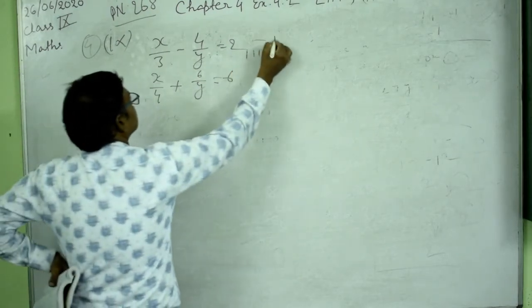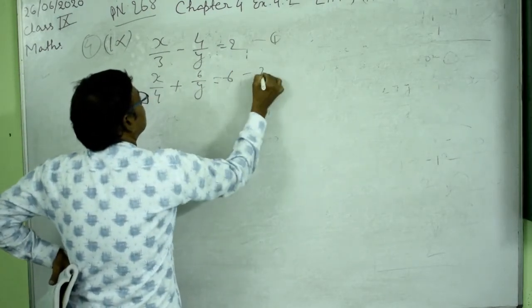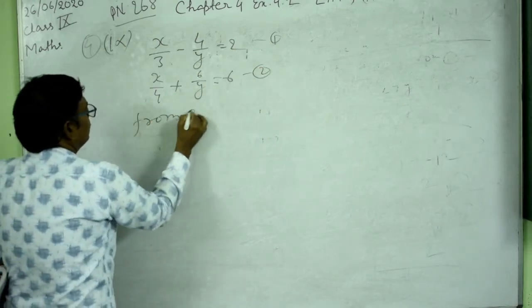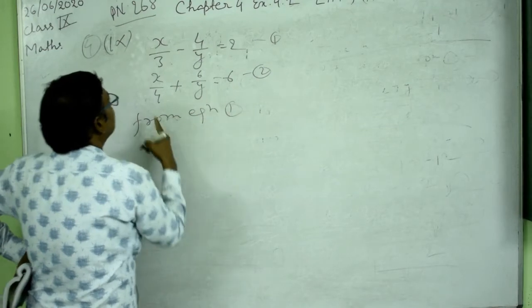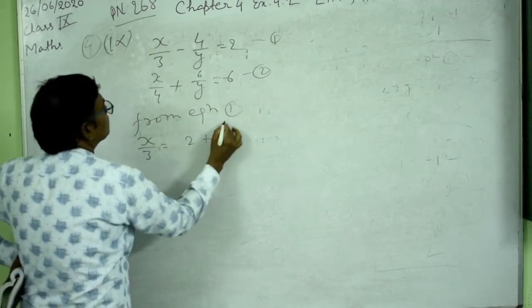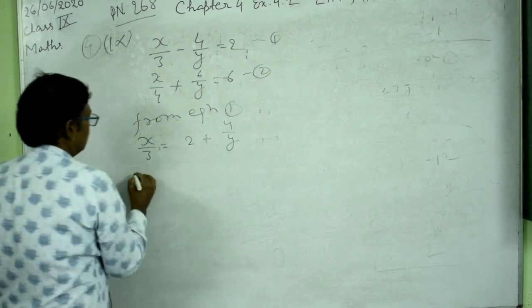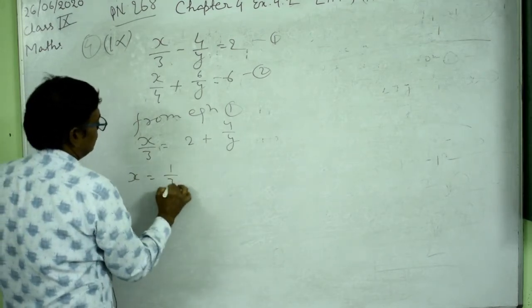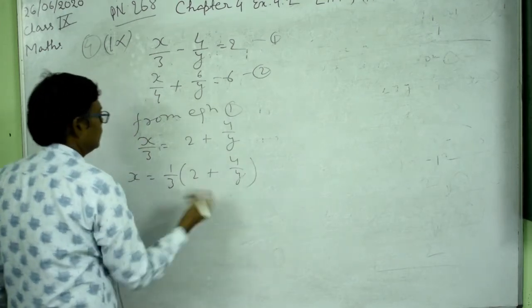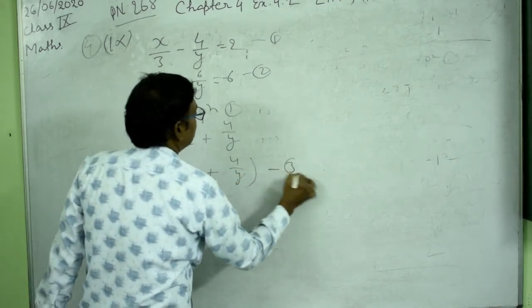So first we will have to solve like this. From equation 1, you have x by 3 equal to 2 plus 4 by y, and then x equal to 3 into 2 plus 4 by y. This is number 3.